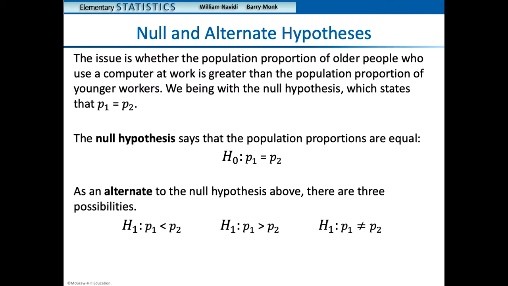And then the alternate hypothesis with this kind of test, as before, can be either a left-tailed, right-tailed, or two-tailed test, right? But the main thing to keep in mind is that the hypotheses are always set up as a comparison between the two population proportions.